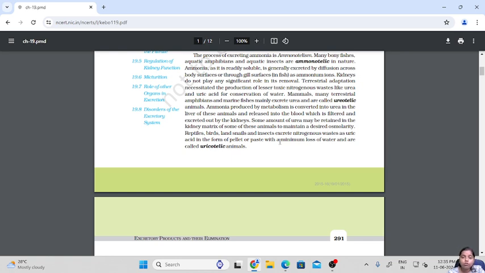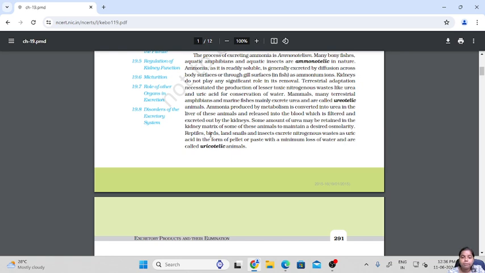Some amount of urea may be retained in the kidney matrix of some of these animals to maintain a desired osmolarity. Osmolarity is the maintenance of proper concentrations of osmoles in the solvent.